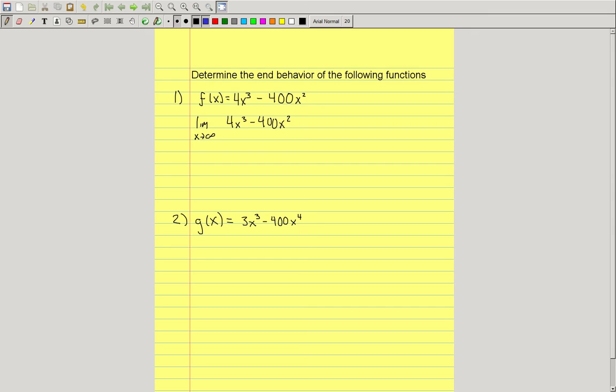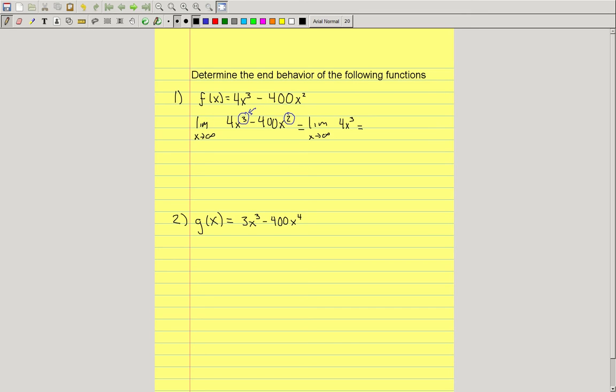Now what we want to do is identify the largest degree term. So all we're interested in looking at right now are how big these exponents are. And we see that 3 is the larger of these two exponents. This tells us that the limit of this whole function at infinity is equal to the limit of just 4x cubed.